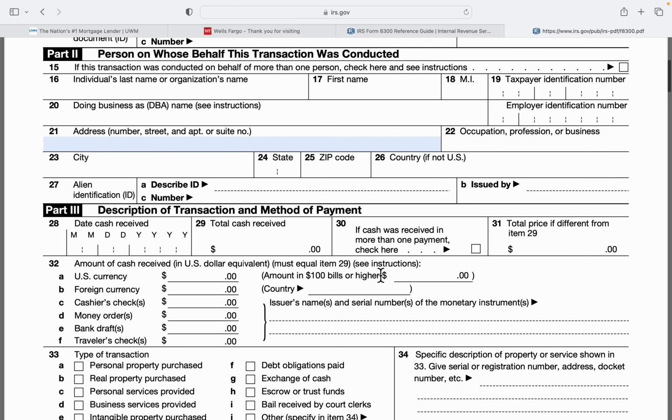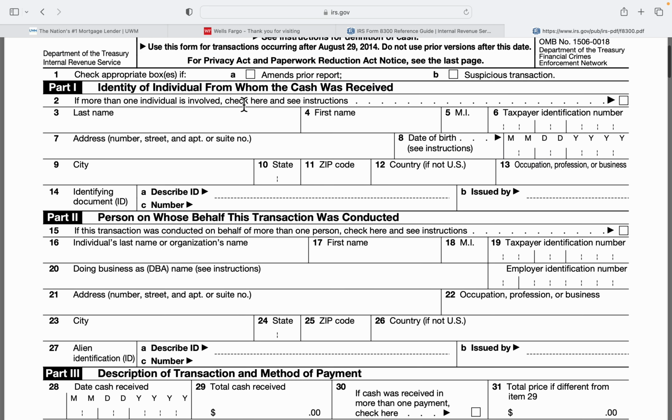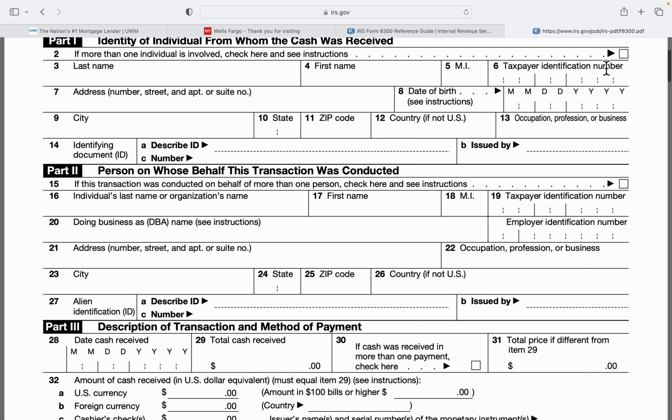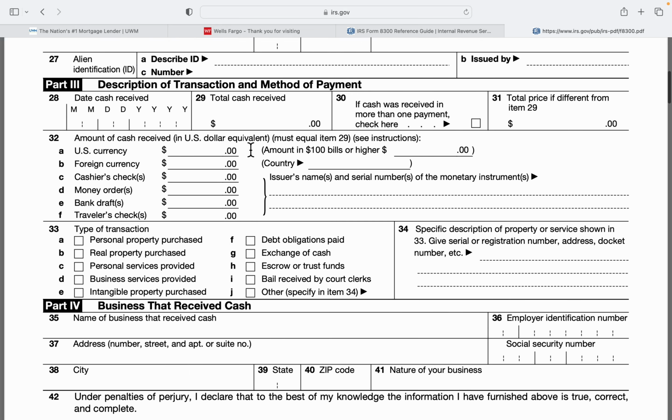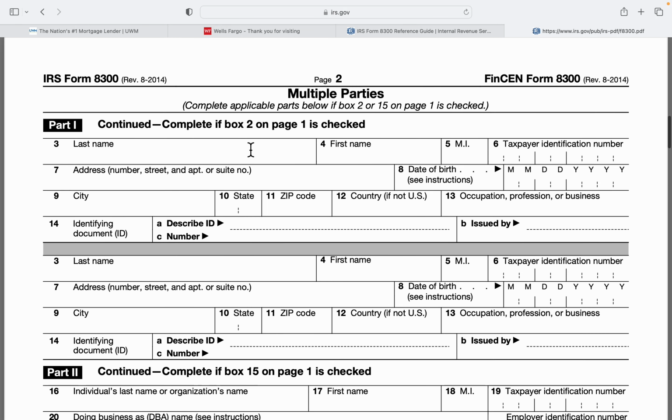In part two, you would use this section if the transaction was conducted on behalf of someone else. And if it was conducted by more than one person, you would check the box. You can see that the box is also here. And the same thing, you will list that information here the same as in part one.